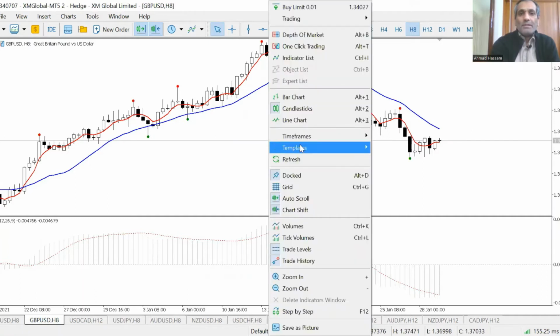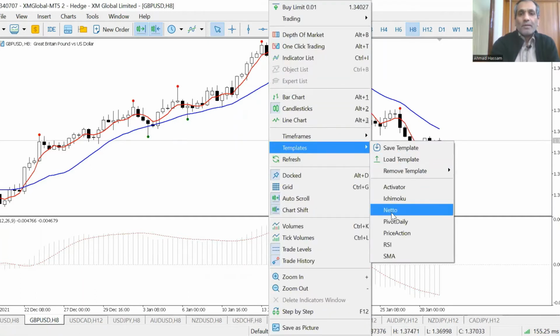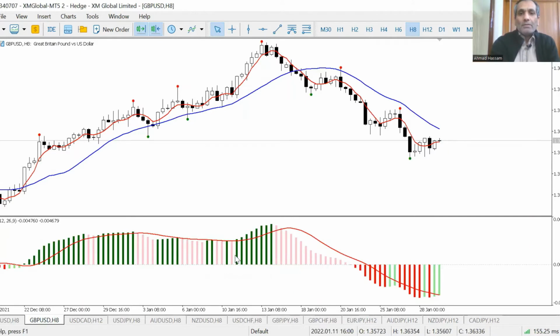Now the same MACD is this. The MACD is basically the difference between two moving averages, one slow moving average and one fast moving average.